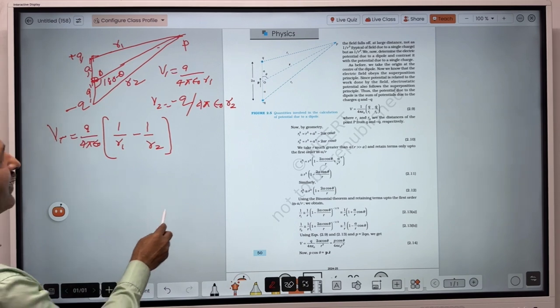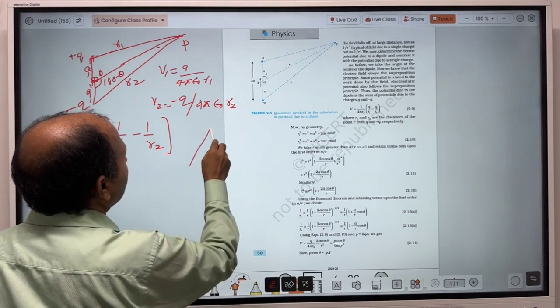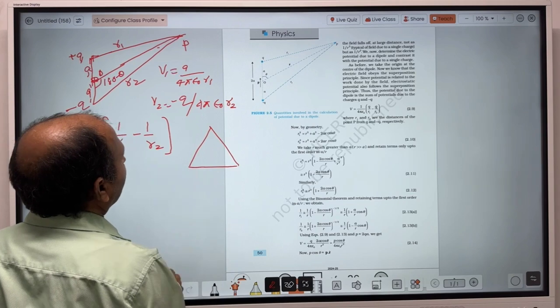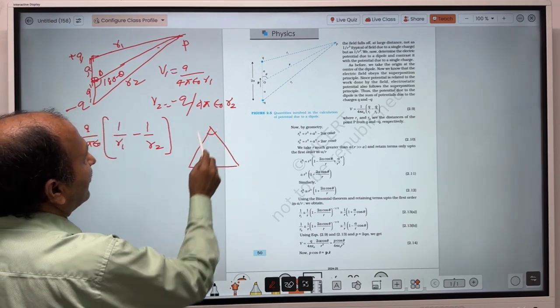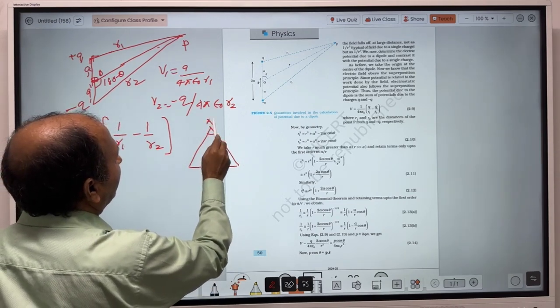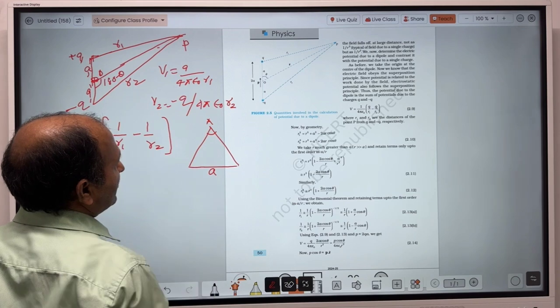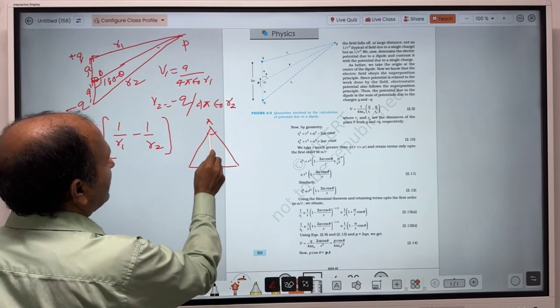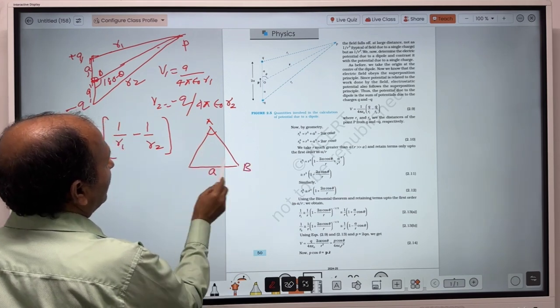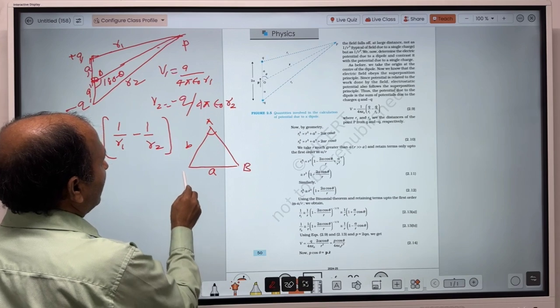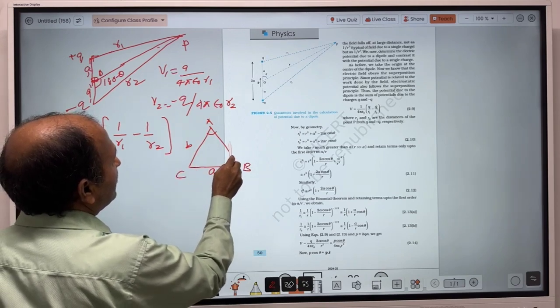So the cosine formula says, if there is a triangle, suppose this is angle A, side opposite to it is a, this is angle B, side opposite to it is b, this is angle C, side opposite to it is c.